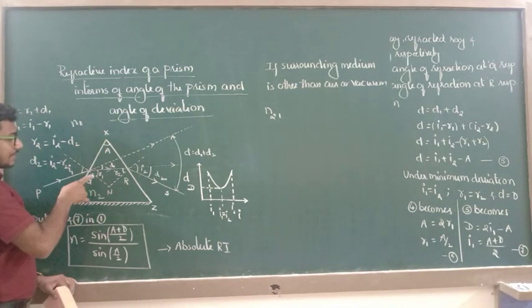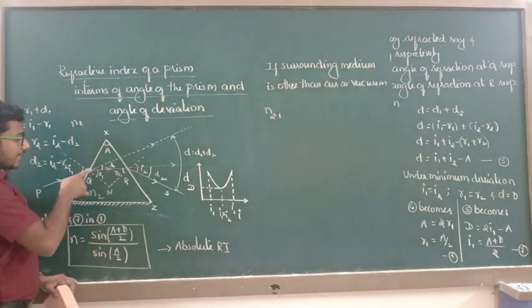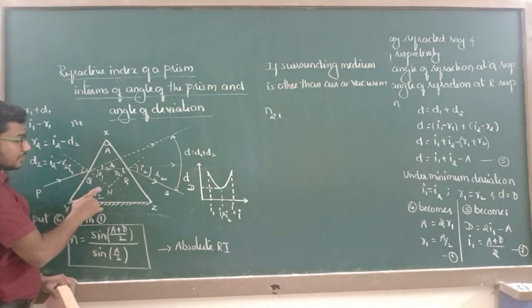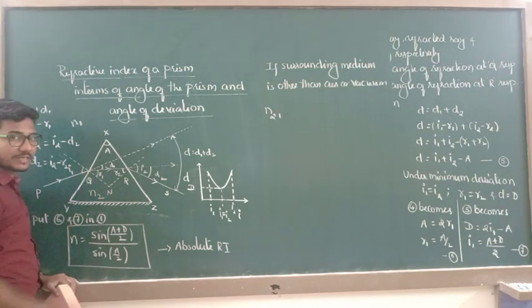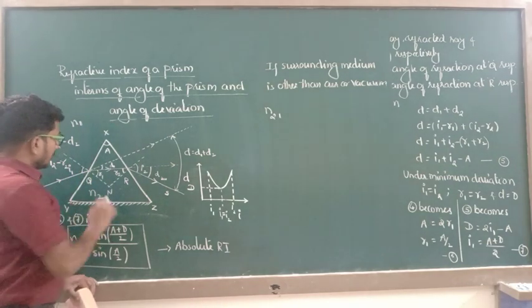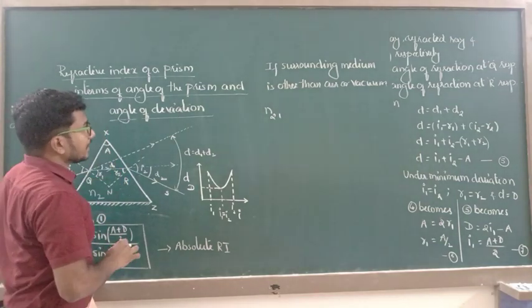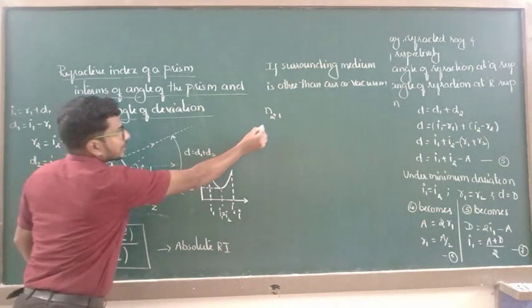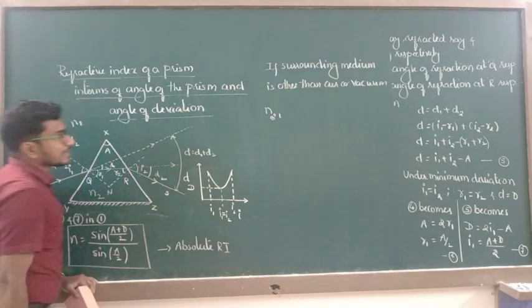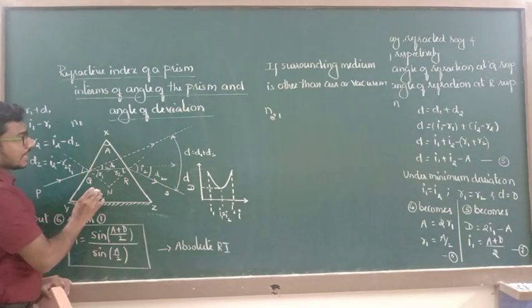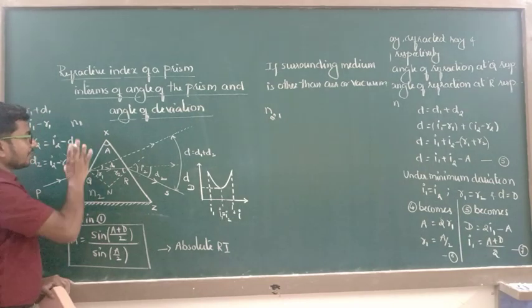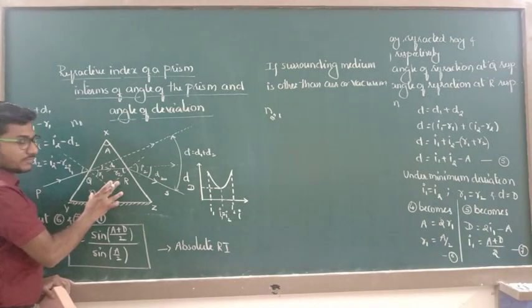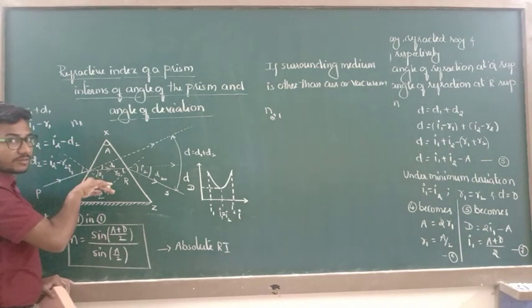Now applying Snell's law at this point, that ratio gives the refractive index of the second medium, because change in path of light occurs in second medium. Therefore, N21, this 2 represents change in path of light. Even in case of air prism, it bends towards the normal.